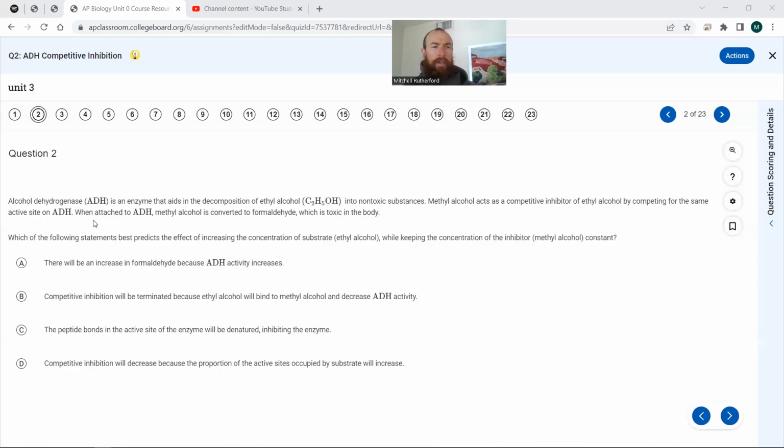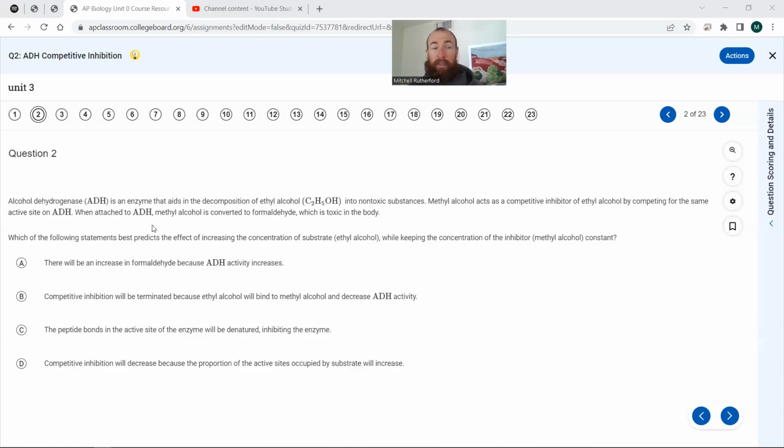So the question says, when attached to ADH, the methyl alcohol is converted to formaldehyde, which is toxic in the body, okay? So we do want something to break down ethyl alcohol into non-toxic substances. However, methyl alcohol can sometimes block that binding site where the ADH cannot be.